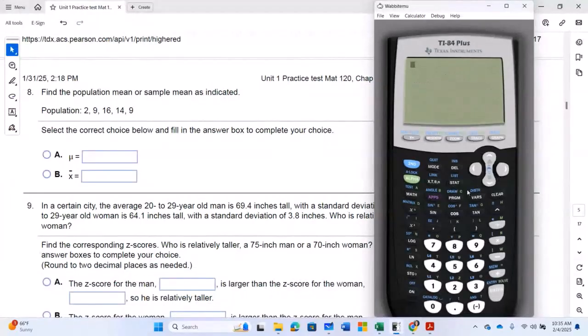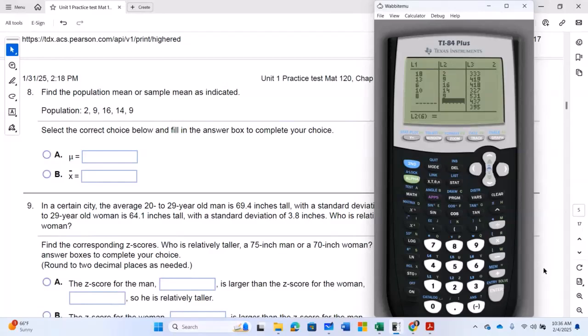So I'll go to stat again under L1. I'll clear L1. Or maybe let me go to L2. I'll clear L2, clear, enter. Then I'm going to put this data in L2: 2, 9, 16, 14, and 9.